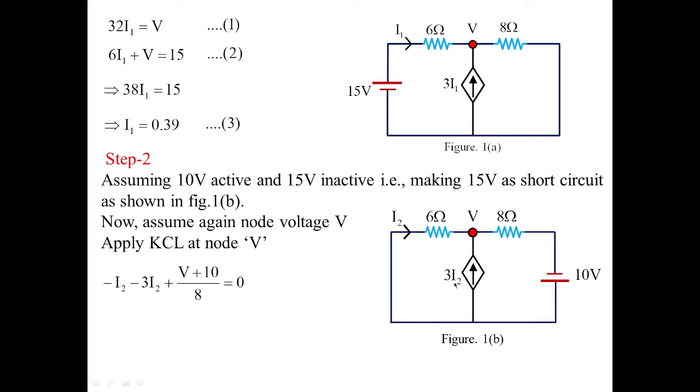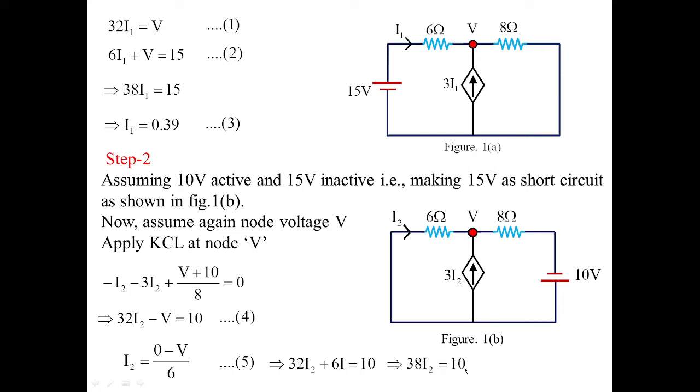Now I2 in this case depends upon the 10 volts, and simplifying this equation we get 32I2 plus 6I is equal to 10. In fact this I is nothing but I2 only. So placing the values, I2 is obtained as 0.26 amperes.